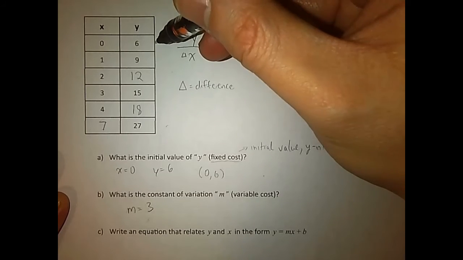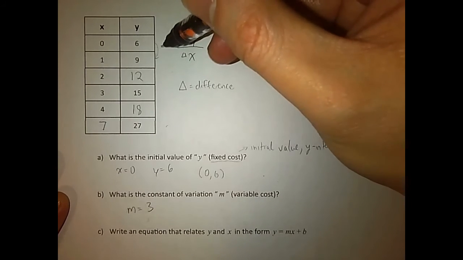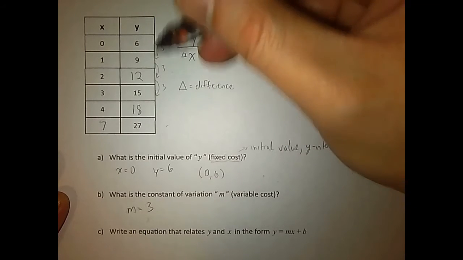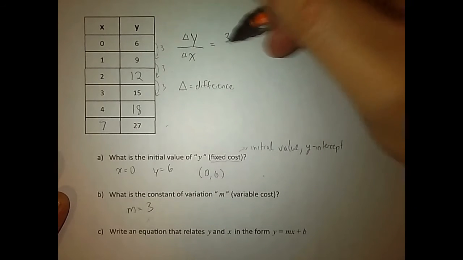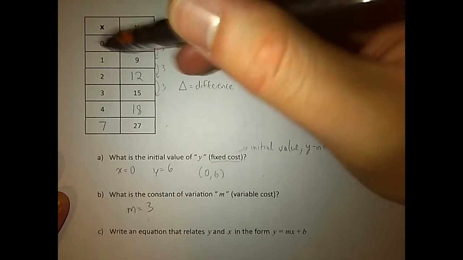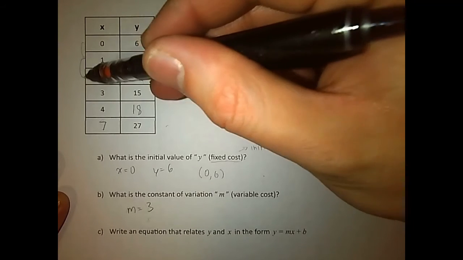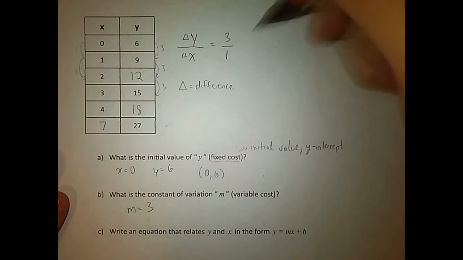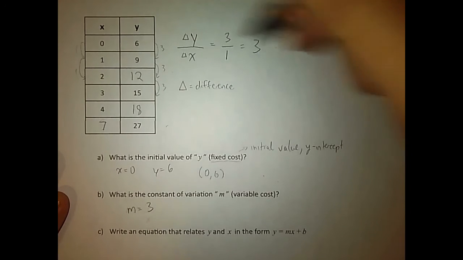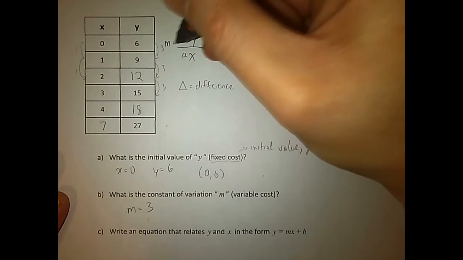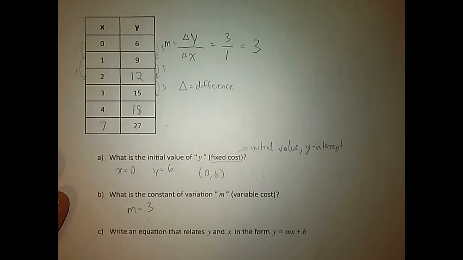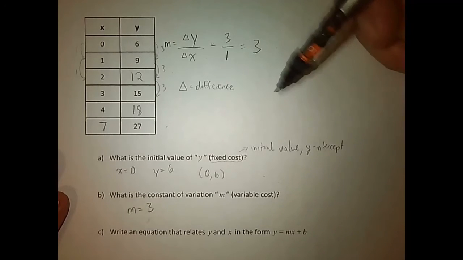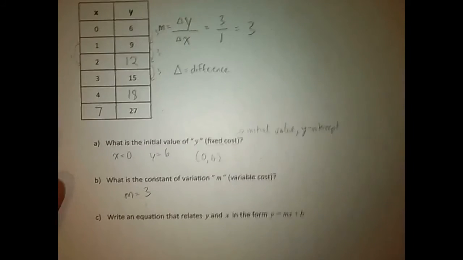So notice that the y values here are going up by 3 every time, so the difference between these is 3. And my x values are going up by 1 every time. So that's like saying 3 over 1, which is equal to 3. So our constant of variation is also equal to this. There's a few ways that we can calculate constant of variation, but this is just another way. So that's how we also get m is equal to 3.